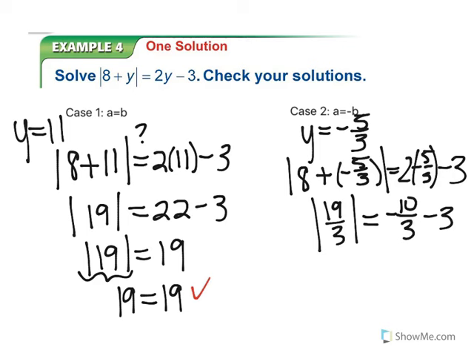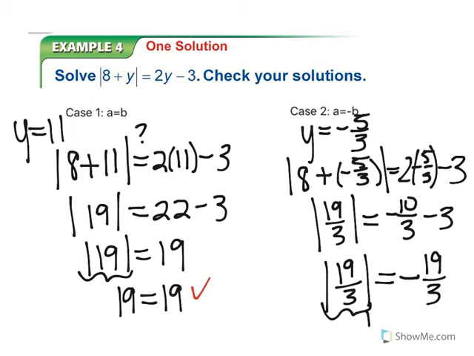If we were to get a common denominator between 10/3 and 3, we would get the absolute value of 19/3 is equal to negative 19/3. And the problem is when you take the absolute value, this is actually 19/3, and that is not equal to negative 19/3.